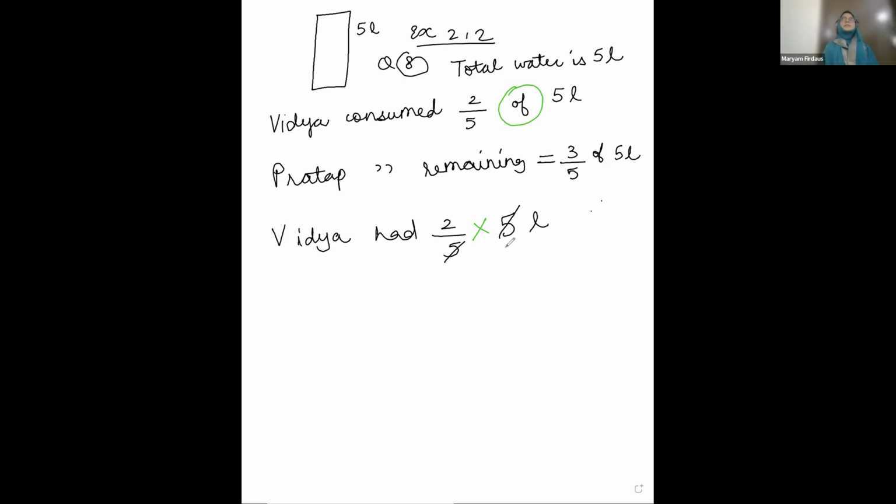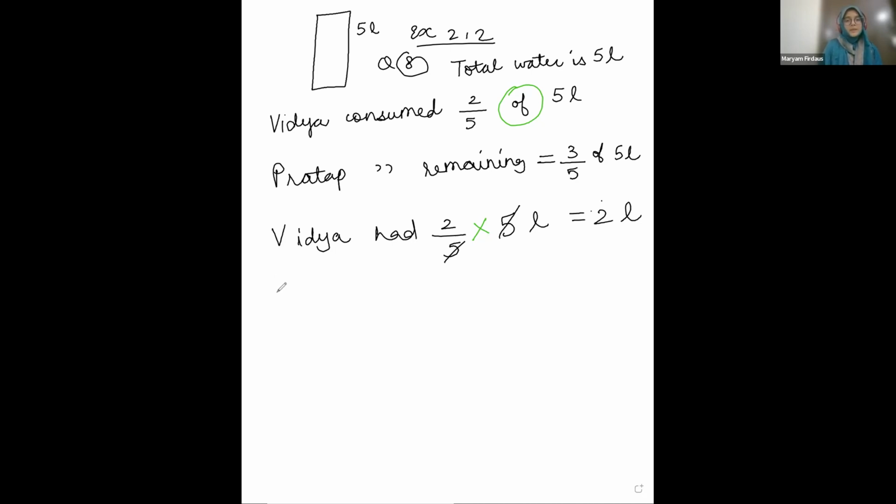And how much is 10 by 5? 10 divided by 5 is, no, 2, right? So this is equal to 2 liters. Vidya had 2 liters. Okay.